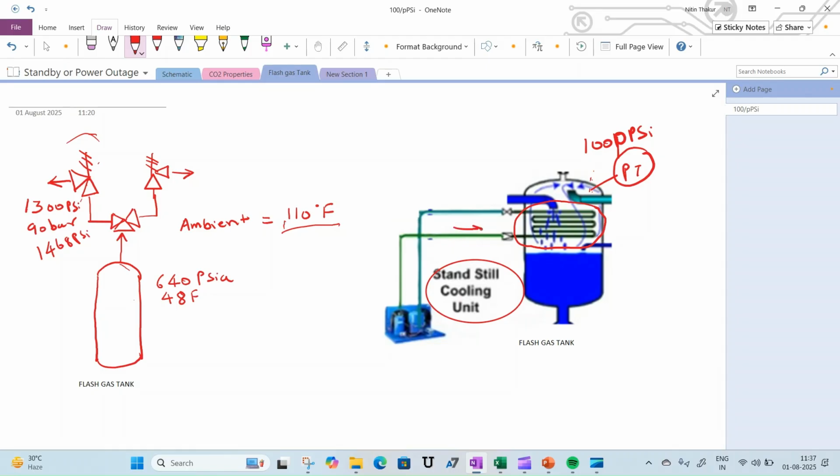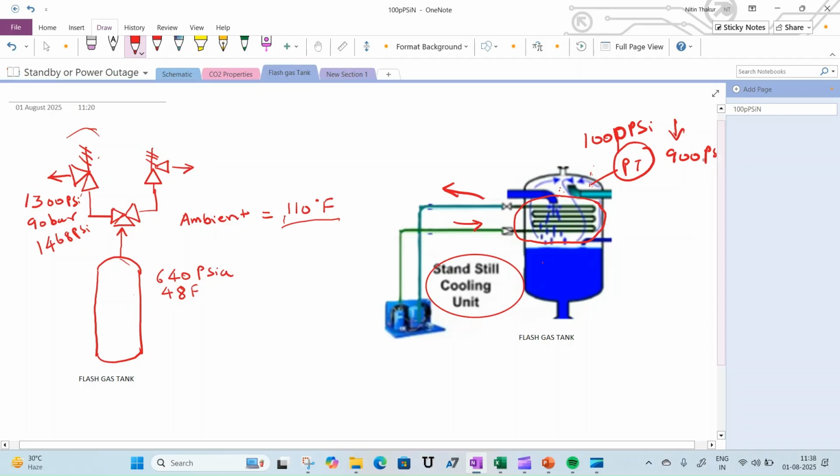It will send cold refrigerant in and cool the vapors that have formed inside the flash gas tank receiver, such that these vapors will condense, go back into liquid, and hence reduce the pressure to, let's say, 900 psi.